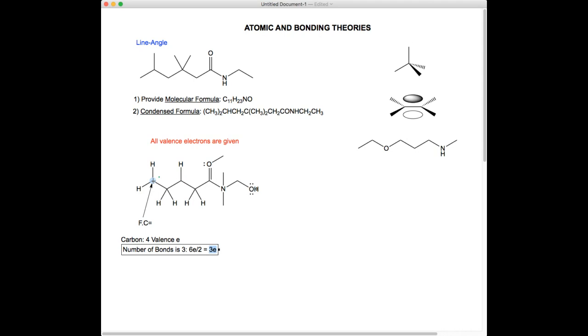So this carbon has 3 bonds, 1, 2, 3 bonds, so 6 electrons, 2 per bond.